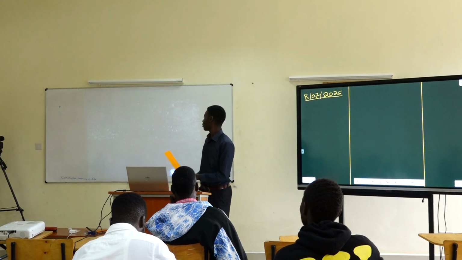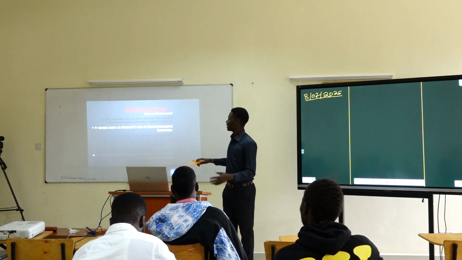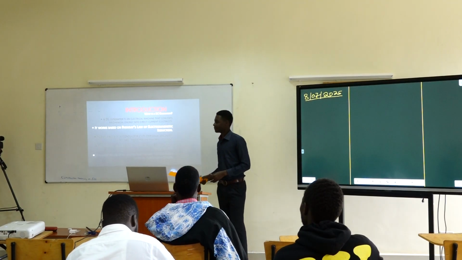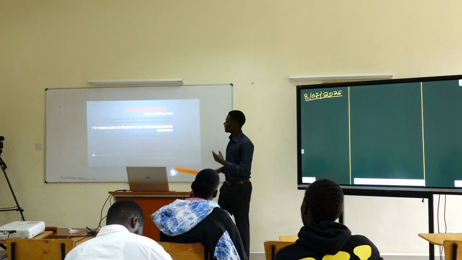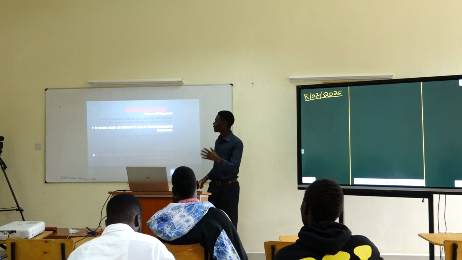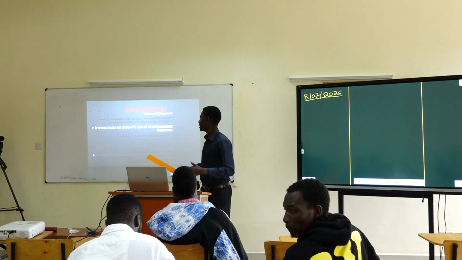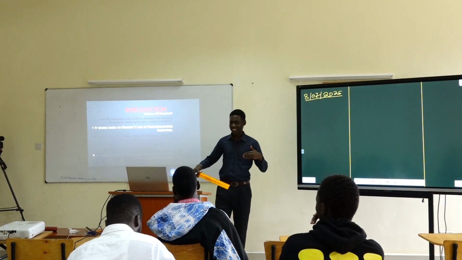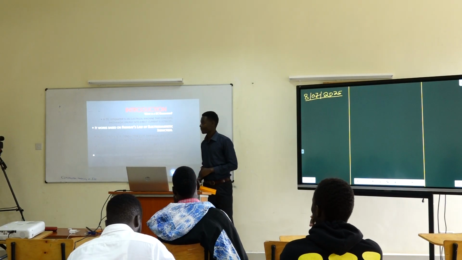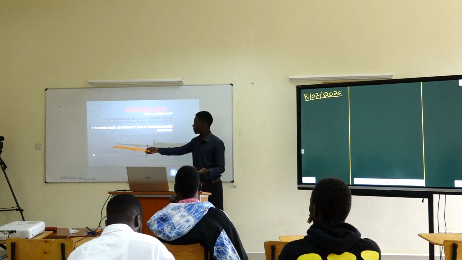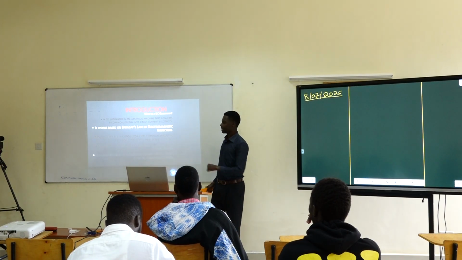I want us first to go through what is a DC generator. A DC generator is an electrical machine that converts mechanical energy into direct current electricity. Therefore, it works based on Faraday's law of induction.